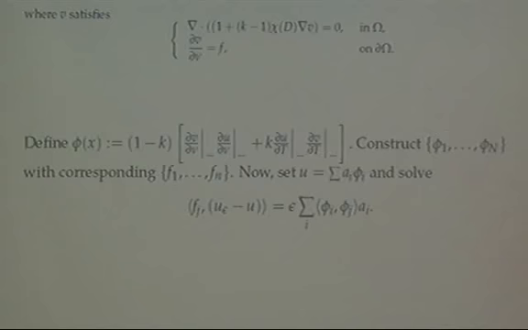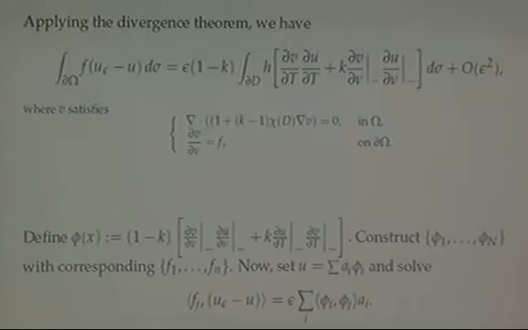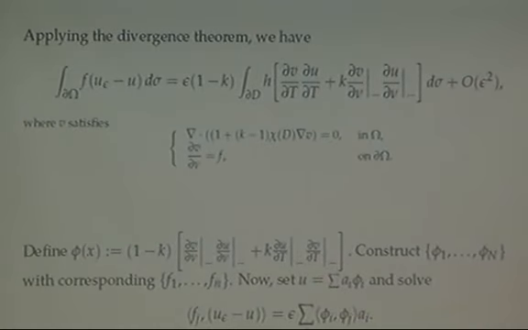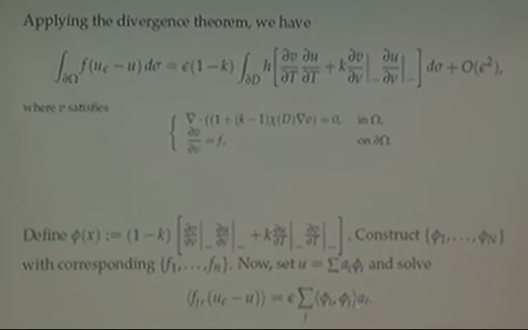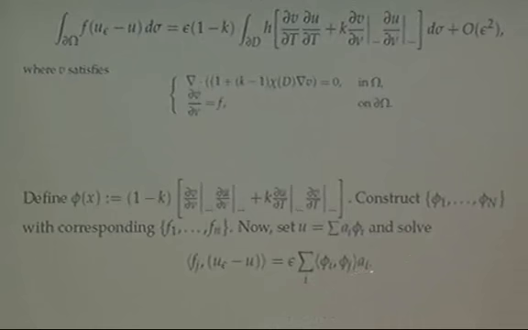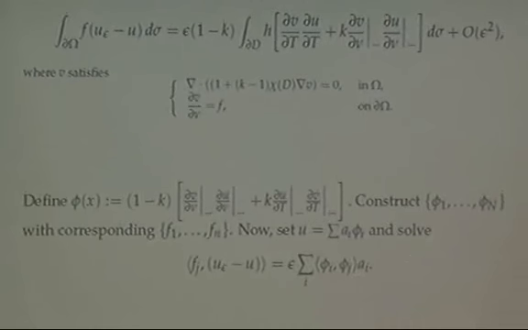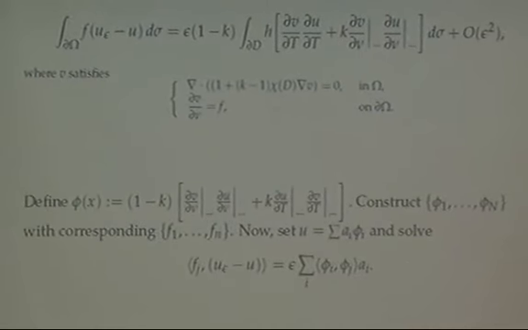So these phi functions are our basis functions, and if you expand the function h as a linear combination of phi, then the data you have is the inner product of phi times the unknown coefficient A, and from this you get the coefficient.